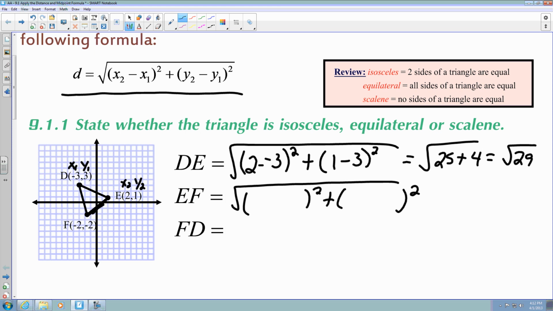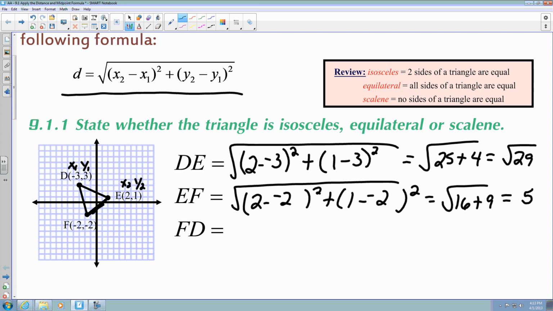So let's say 2 minus a negative 2, and then 1 minus a negative 1 here. 2 minus a negative 2 gives me 4, which squared is 16, plus 1 minus negative 2 is 3, squared is 9. 16 plus 9 is 25, and the square root of 25 is 5.